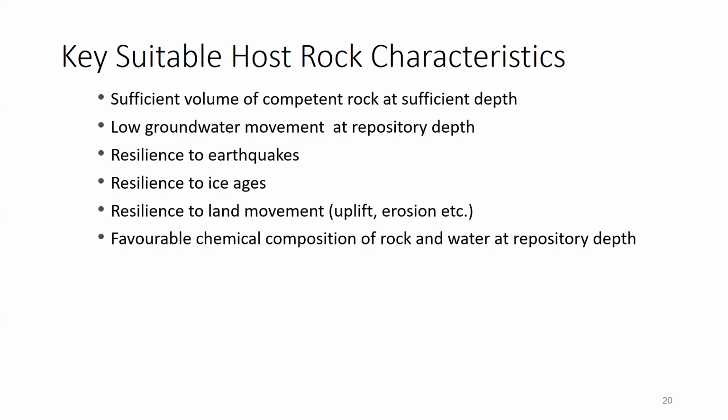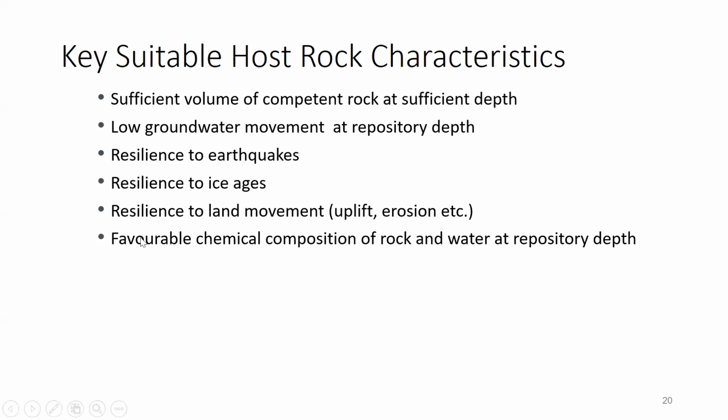Low groundwater movement at the repository depth. So I was mentioning before the example of Cigar Lake, you want very little water flow through the actual area that you're targeting. Resistant to earthquakes, self-explanatory. Resistant to ice ages. This would be the rock itself. If it's been stable for millions of years, it's a good indication.